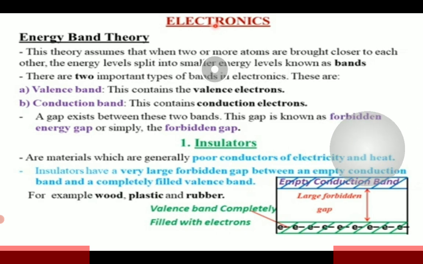They come from the splitting of larger energy levels which are from the two atoms that are brought closer to each other. So once again, the energy band theory is simply an assumption that when two or more atoms are brought closer to each other, the energy levels split into smaller energy levels known as bands.